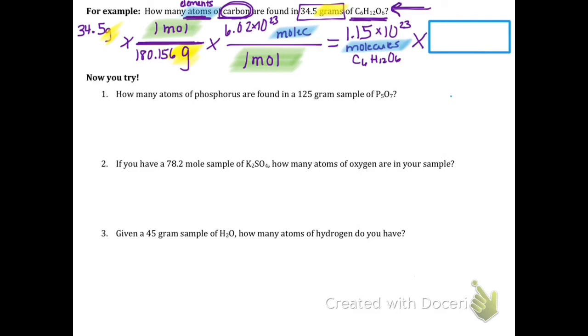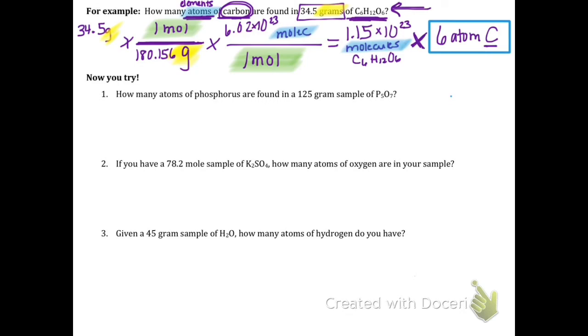We have 6 atoms of carbon. So you have to take the number that you found and multiply it by however many elements there are in that problem. When you start with a compound and you're ending with an element, you have one extra step you have to do.